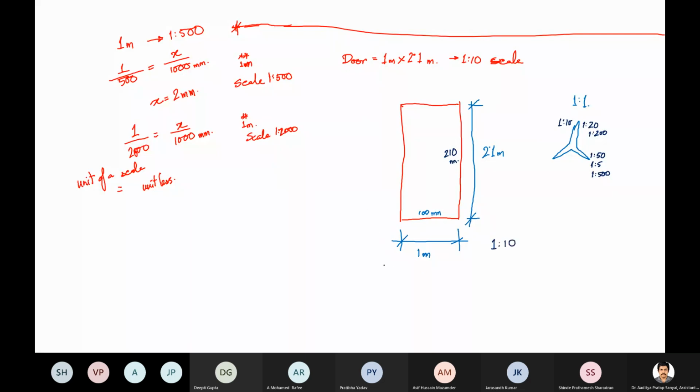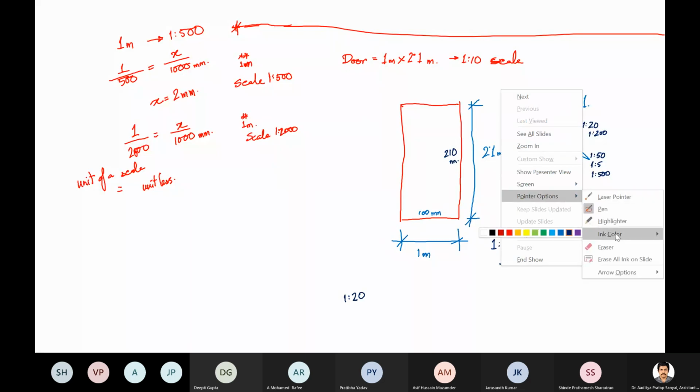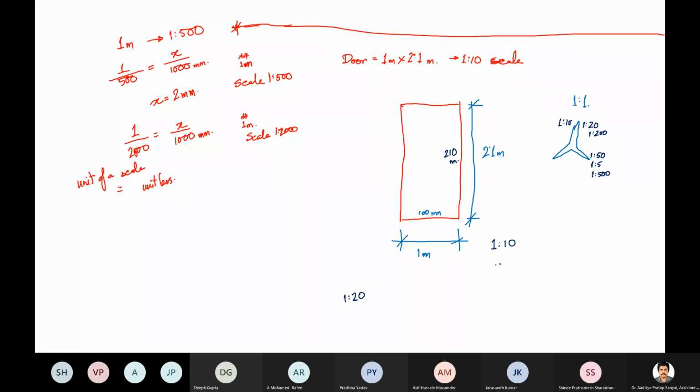If I wish to draw at a scale of 1 is to 20, how much will this 100 mm appear to be at a scale of 1 is to 20? 50 mm.